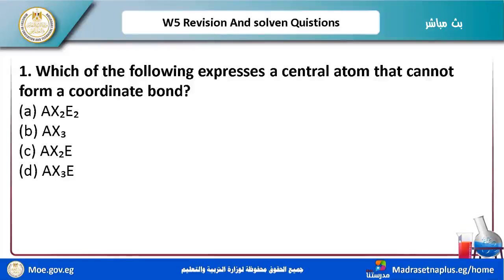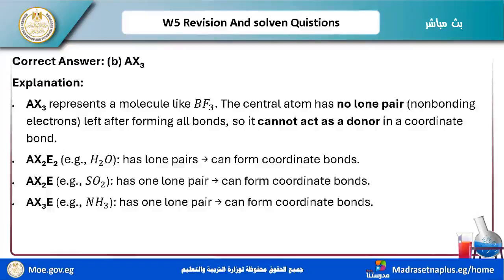Now you can move to the next slide to see the solution of this question. AX3. Why? Because AX3 has no E, I mean no lone pair in this central atom. AX3 represents a molecule like BF3. The central atom has no lone pairs. B has atomic number equal to 5.